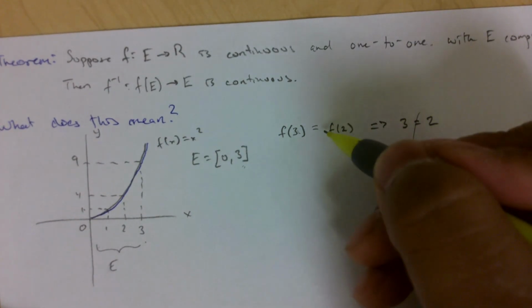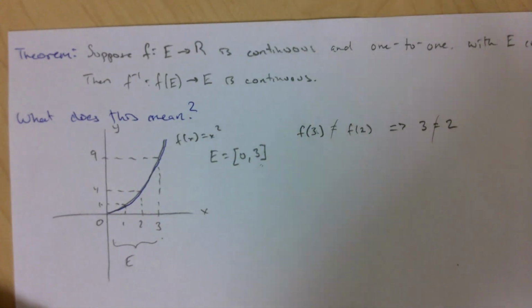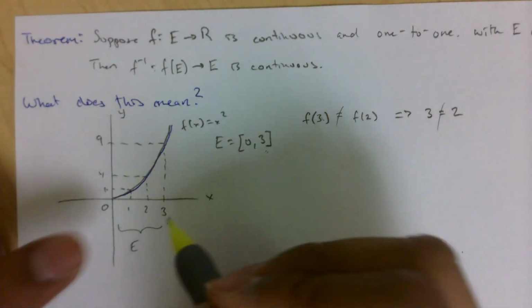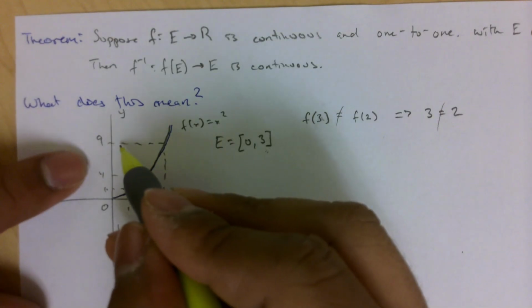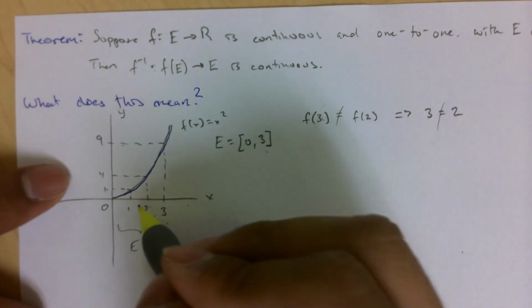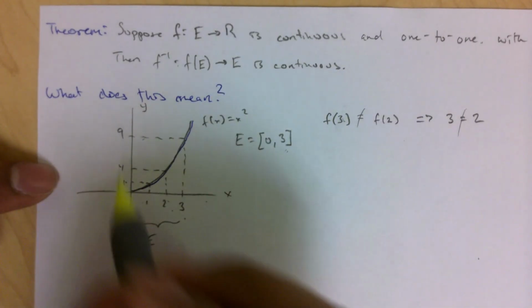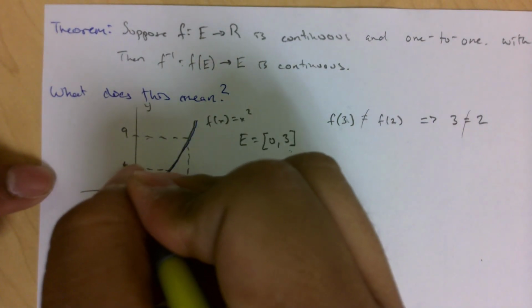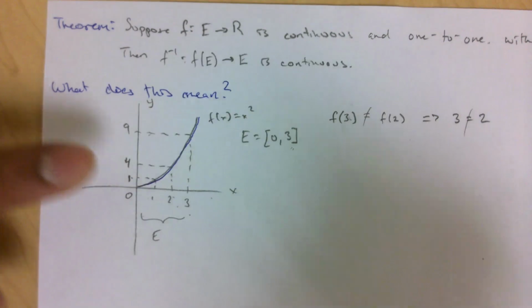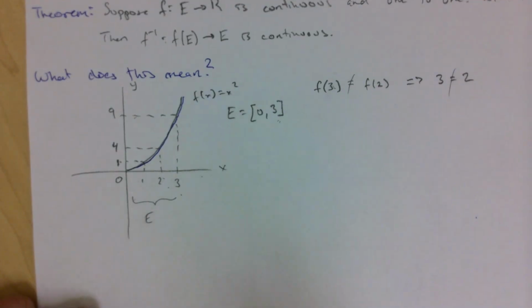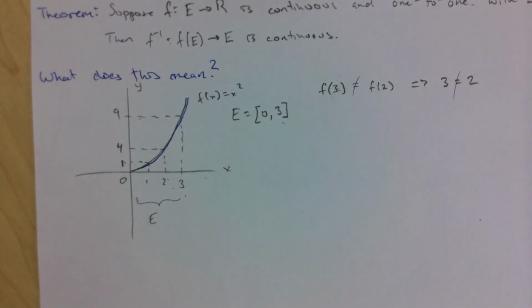So this just means that when you choose a number here, you get a number here, and it's not the same as all the other numbers. Here I visually filled it out, so that should be a 4 and this should be a 1. So what does it mean by f inverse being continuous?